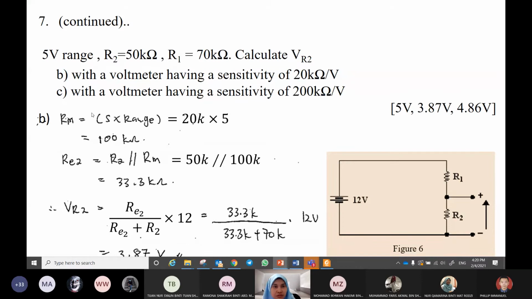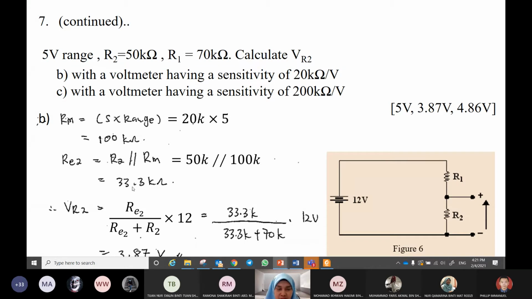Okay, when we use sensitivity of 20K, we have to find the R total of the meter. S multiplied by the V range. The V range is 5 volts. We get the R total, and then we find the R equivalent here.